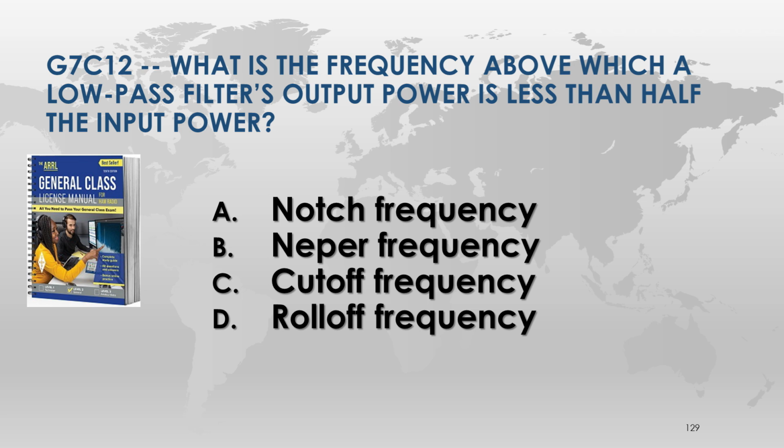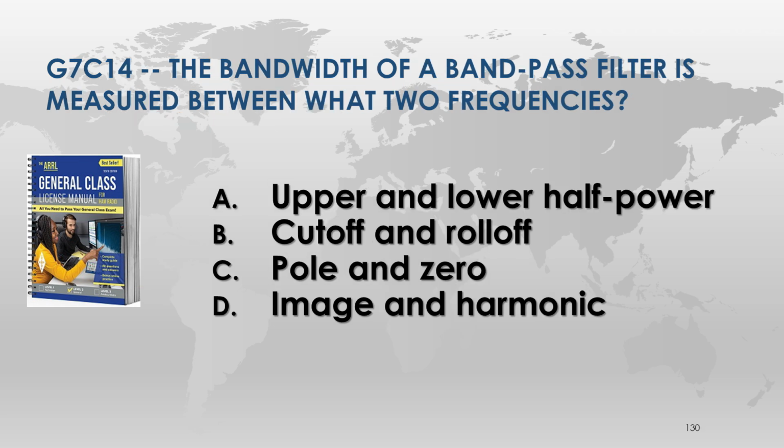What is the frequency above which a low-pass filter's output power is less than half the input power? Cutoff is correct. The bandwidth of a band pass filter is measured between what 2 frequencies? Alpha.